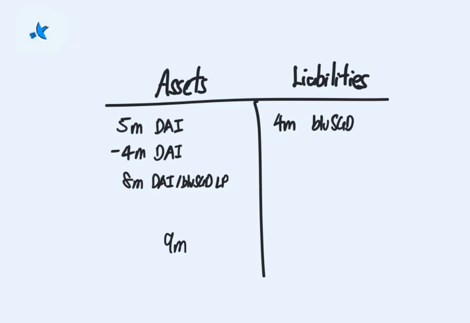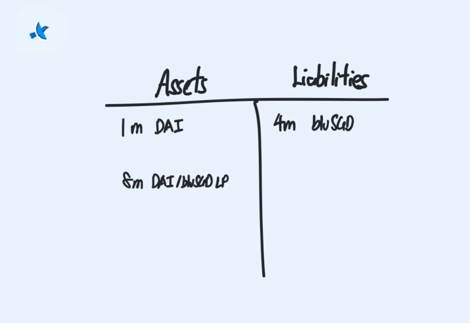On the other side, there is a total of $4 million of liabilities. That means equity holders still have $5 million accrued to them. This means that the equity holder does not lose or gain simply because the protocol chooses to mint its stablecoins. Now let me tidy up this balance sheet.